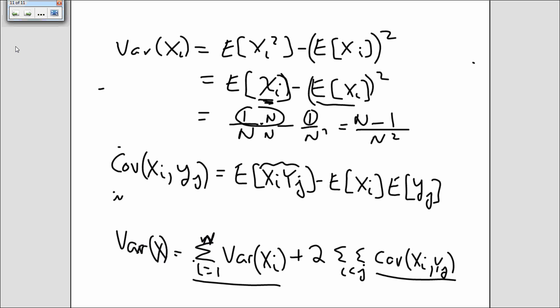Only when the jth person picks their own hat will Xj be 1. You're going to get 1 only if the ith person picks their own hat and the jth person picks their own hat. So, what is E of Xi Xj?